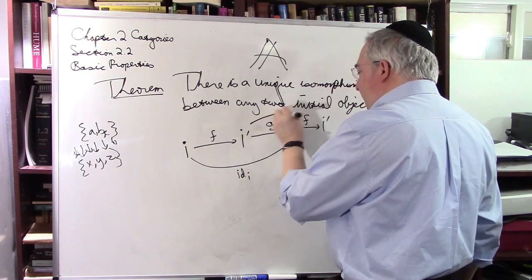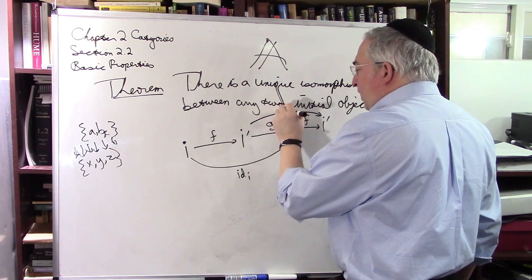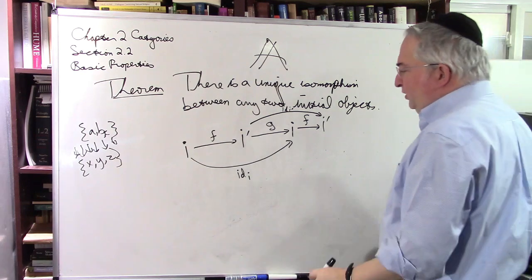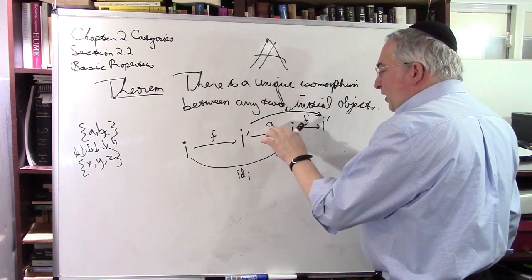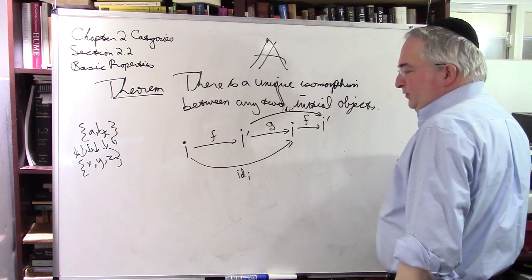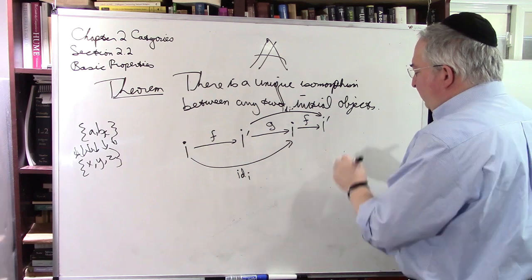Hold on. What about that? Well, the identity of I prime. Okay, and what this shows us is that G composed F is equal to the identity also. Now, from these two things we have the following.